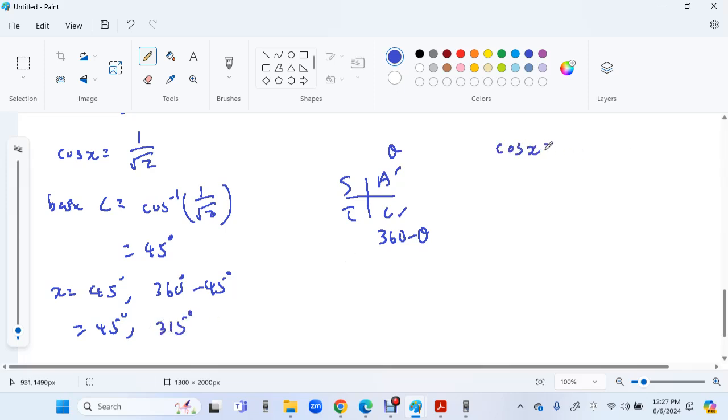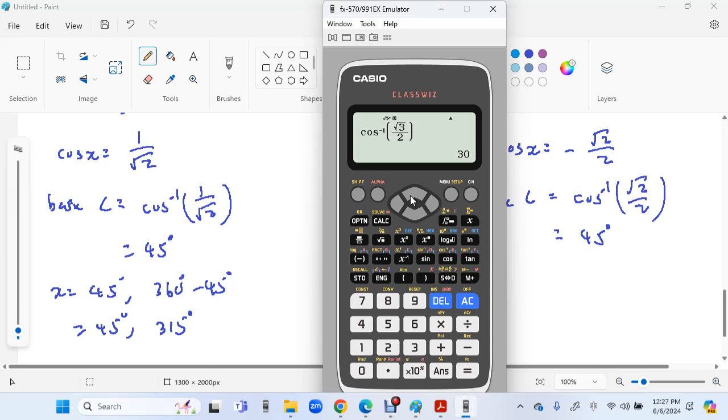And if we have cos x equal to negative square root 2 over 2, the basic angle will be from square root 2 over 2. This one is also 45 degrees, just like the arc cos of 1 over square root 2.